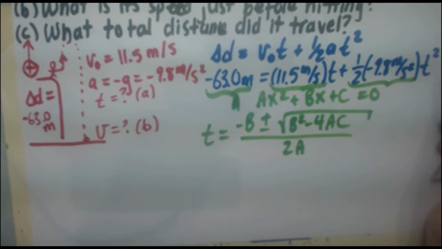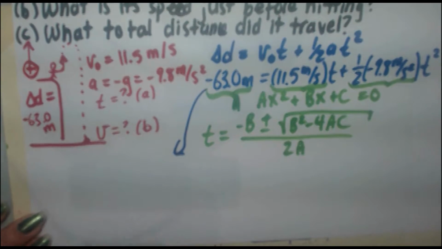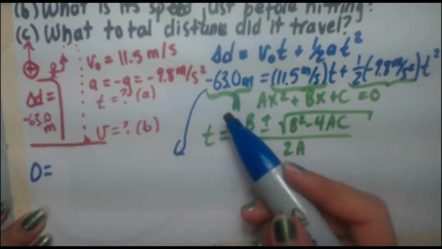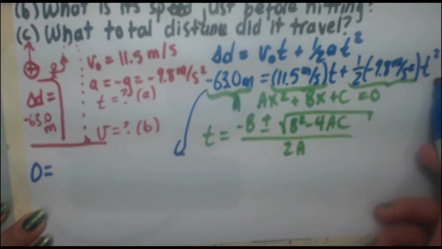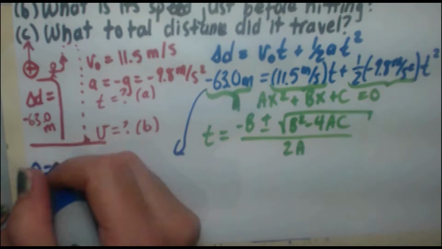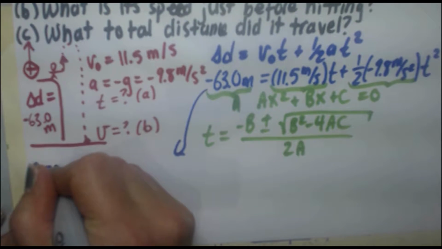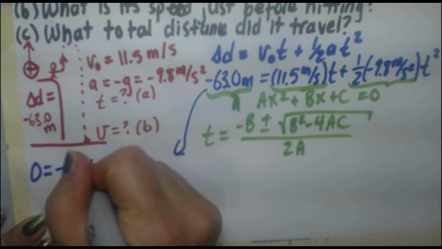So you know what I'm going to do? I'm going to take this and rewrite it down here in the correct form, just so you guys can see. I'm going to keep 0 on the left, which means I'm going to take that minus 63.0 and bring it to the right side of the formula, so I can get it in this form. So 0 equals, the negative 9.8 times 1/2 is going to be negative 4.9. I'm not going to write the units this time, but you get the idea.